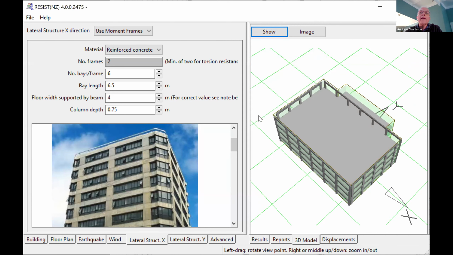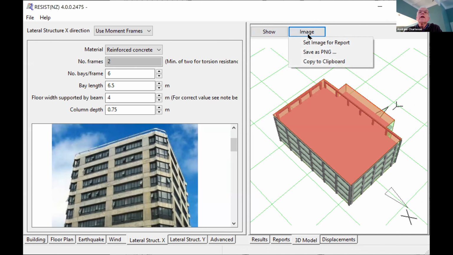It's up to you. Then you click on this image and you click on set image for report. And now that image will be automatically printed out when you go to the reports page.